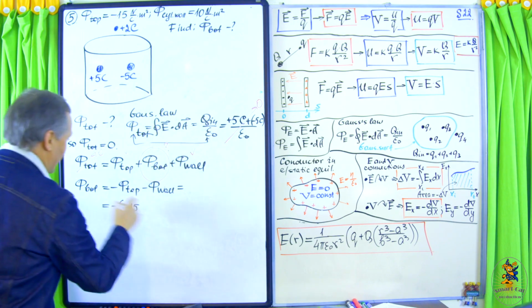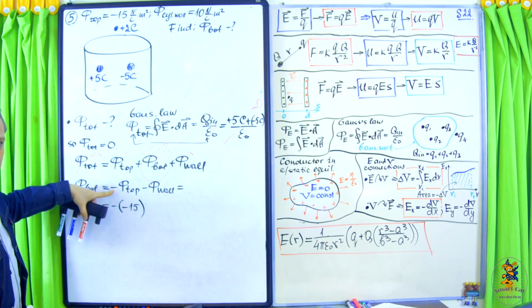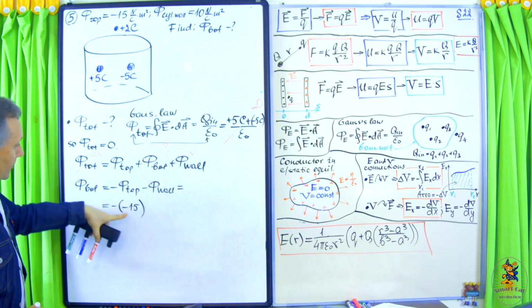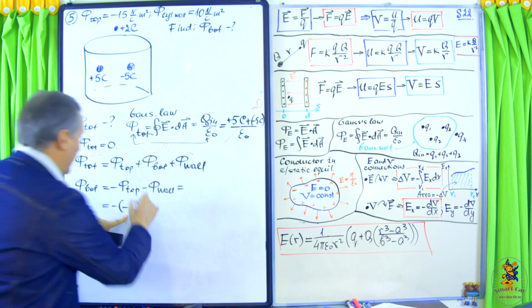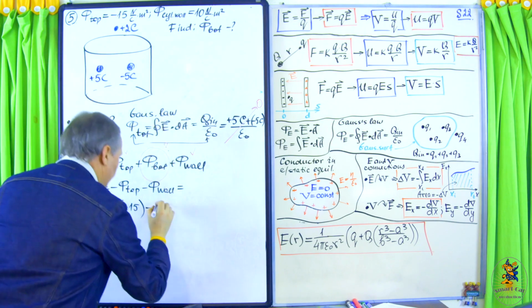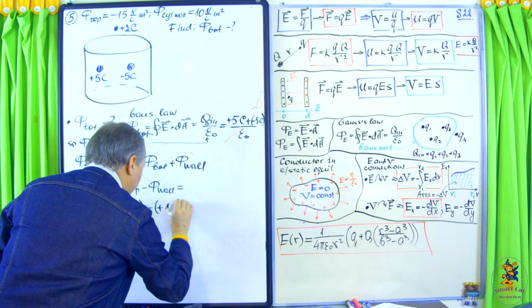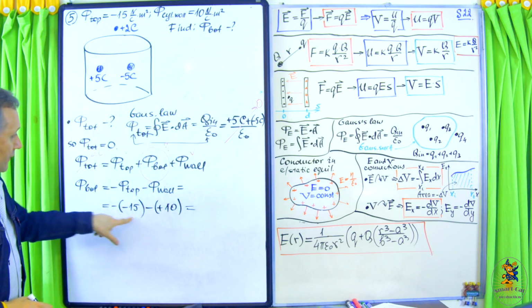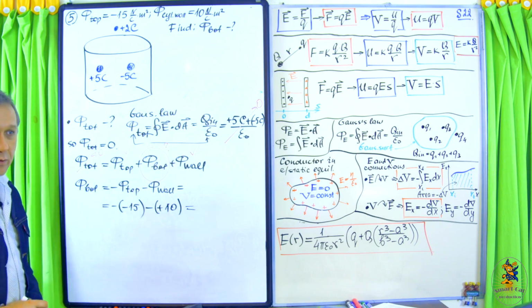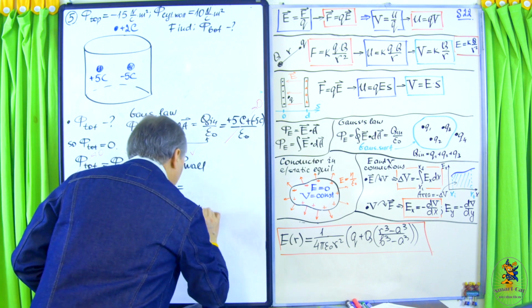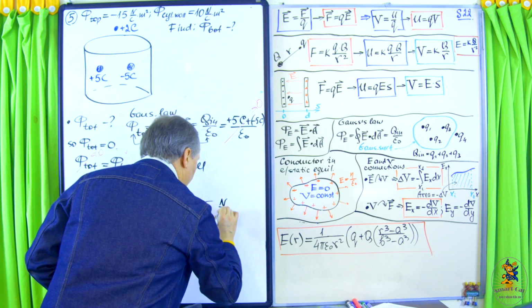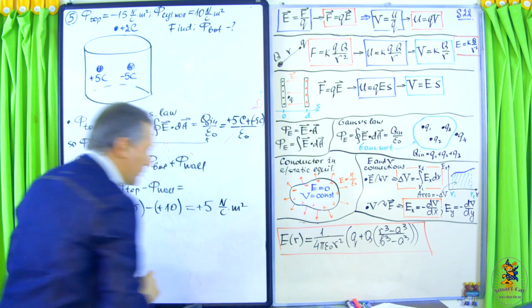So 15 minus 10. The flux through the bottom will be plus 5 newtons per coulomb times meters squared.